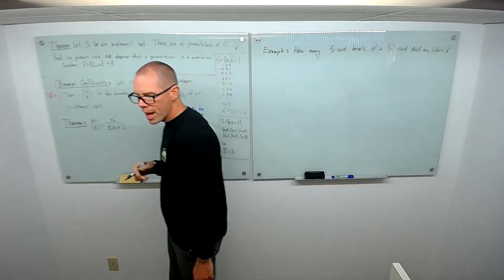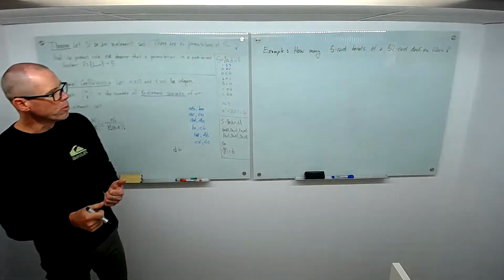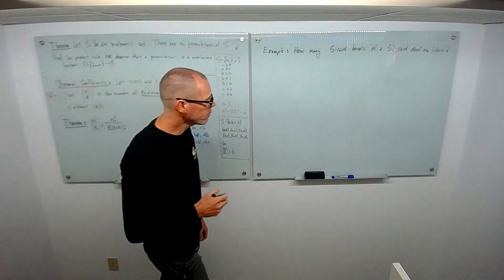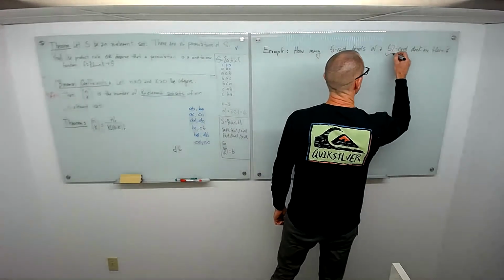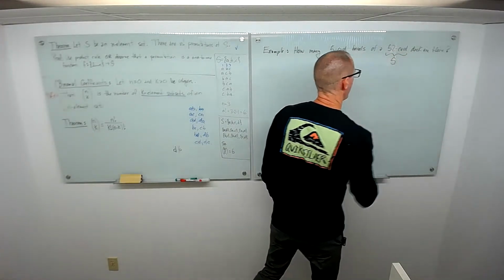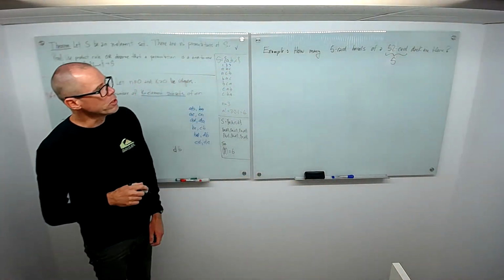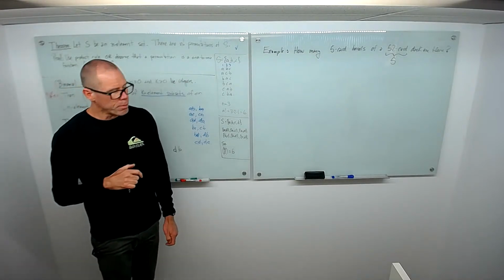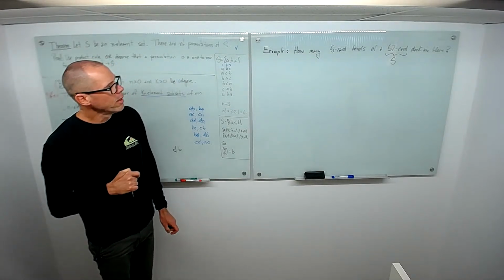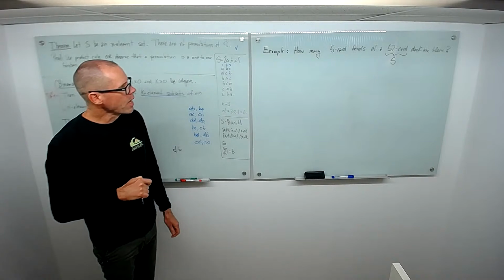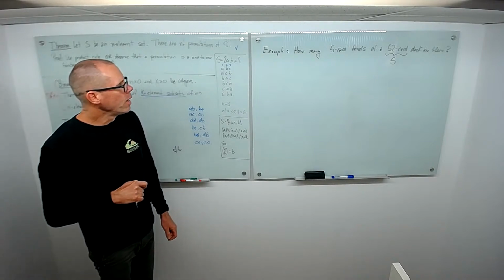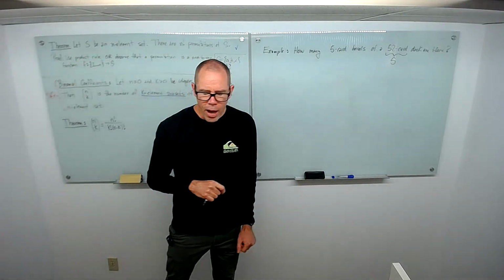So the standard deck of playing cards has 52 different cards in it. So that is a set of size 52. All the elements in the set are distinct, so it really is a set and has size 52. And you want to know how many five-card hands there are.